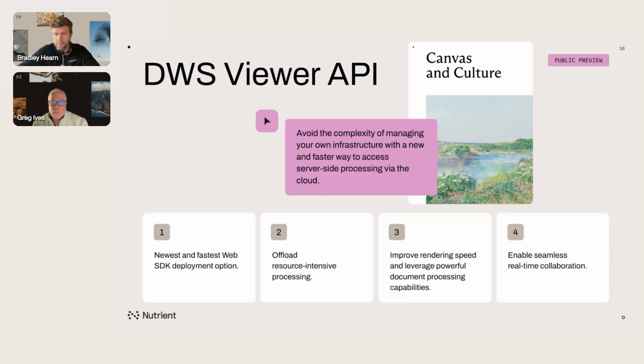You can stream documents from the cloud, improve rendering speed, and offload resource-intensive processing, while also enhancing collaboration and improving security. So whether you're building a new signing experience or just another internal collaborative workflow for your users, Viewer API is your new entry point to serious performance with no containers, no backend logic, just a Web SDK and an API key.